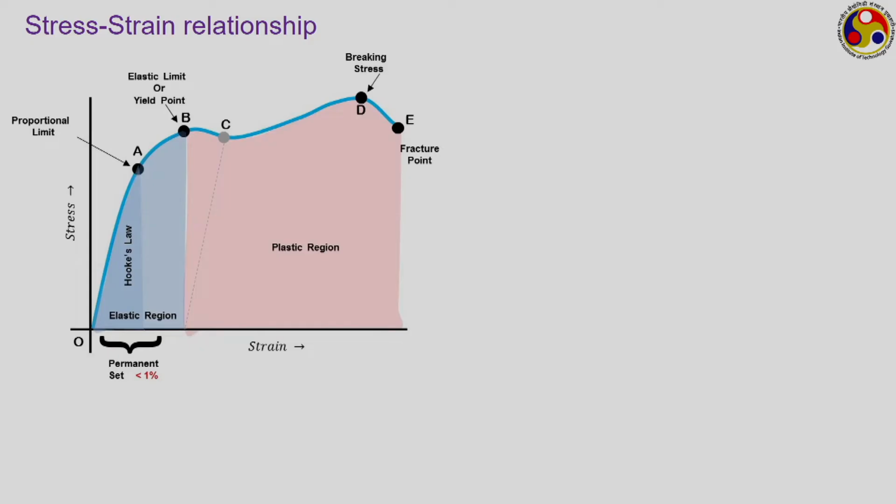The first thing that we have to talk about is of course the stress strain relationship, where this curve I am sure all of you must have seen several times very early in your course. You know that within a particular limit, which we generally call the proportional limit or the elastic region, stress and strain are proportional to each other, represented almost by a straight line, something like this, where Hooke's law is applicable.